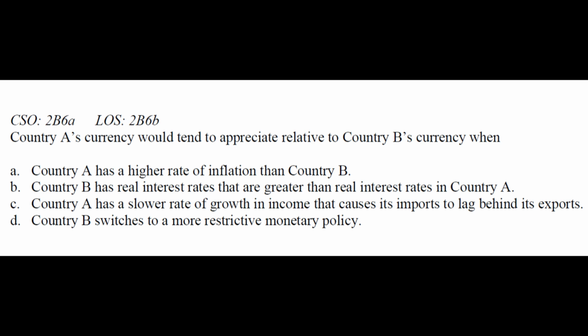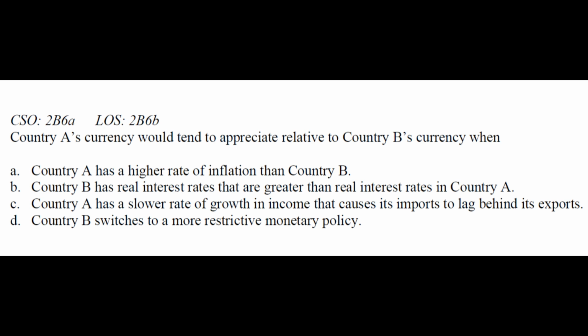C. Country A has a slower rate of growth in income that causes its imports to lag behind its exports. Correct. Slower income growth reduces demand for imports, improving the trade balance. Lower imports mean less demand for foreign currency and relatively greater demand for country A's currency, leading to appreciation.